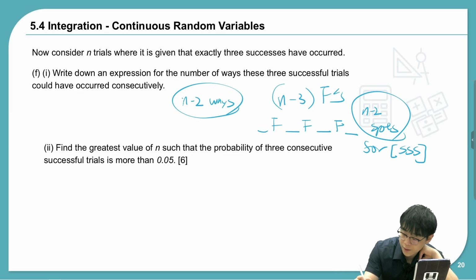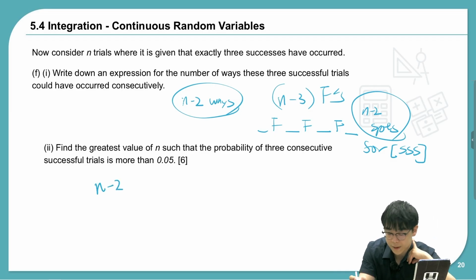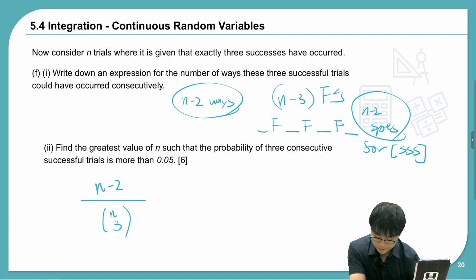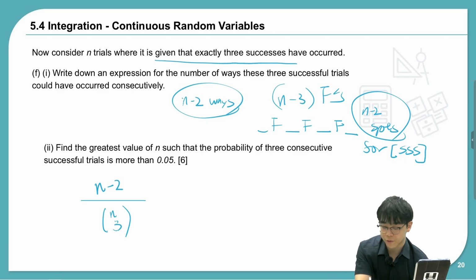So the number of ways in which we get successful 3 consecutive trials is n minus 2. We want to do that over maybe n choose 3, right? So the greatest value of n such that we get... Okay, so it's given that 3 successes have already occurred.